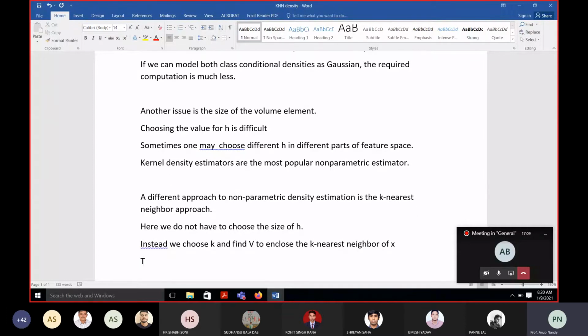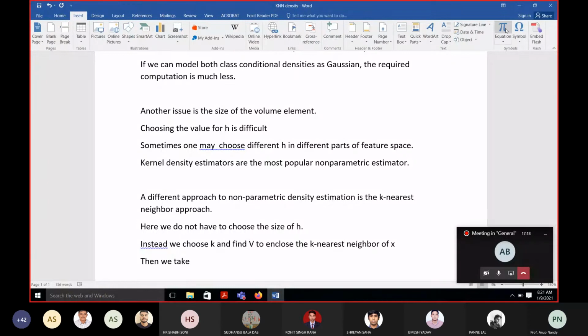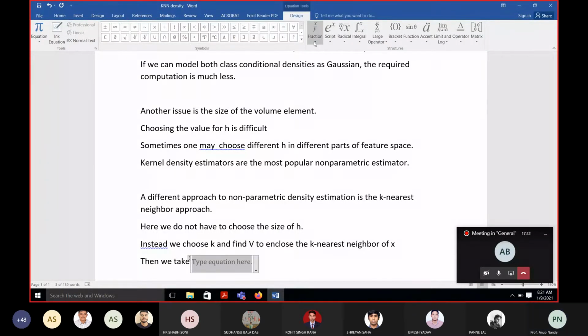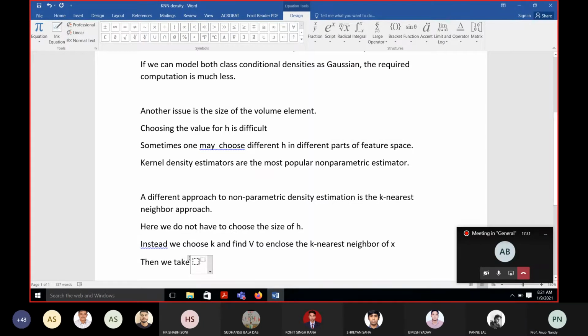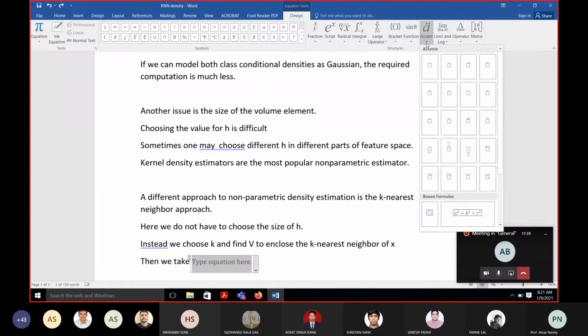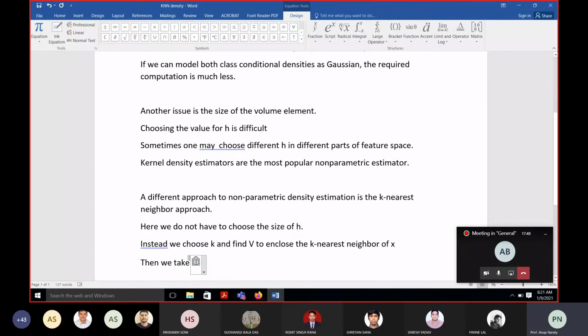Then we take F at X, its estimated functional value.